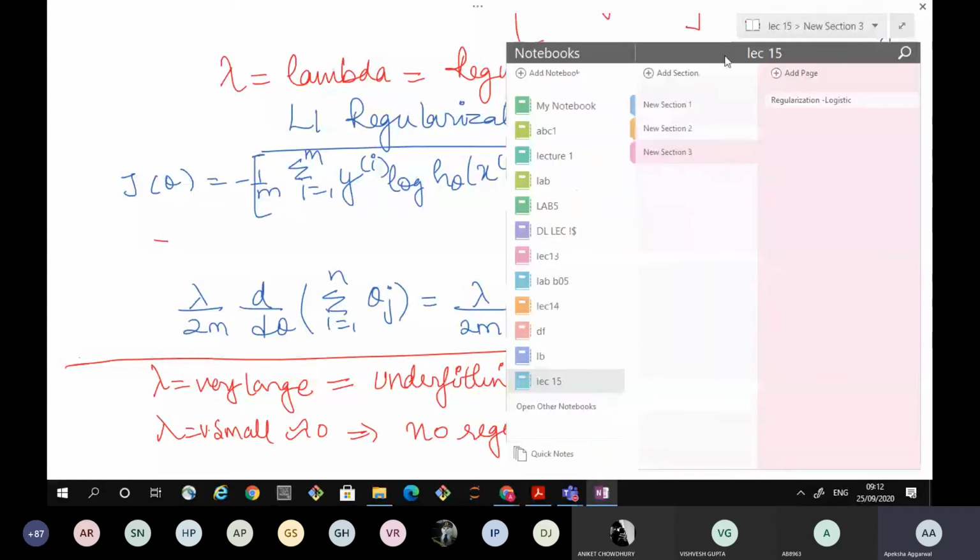Now this was the regularization part. Another thing is dropout. That is also very important. You might have heard this term, dropout. We do dropout again to avoid overfitting. How?